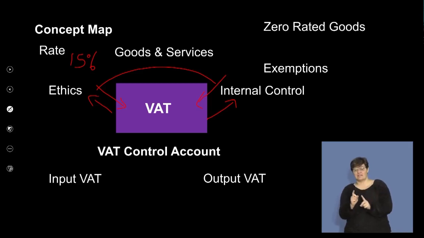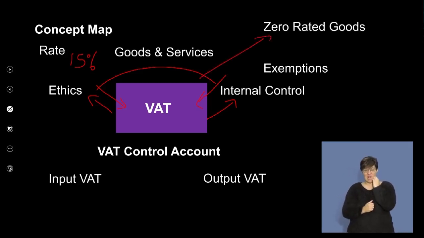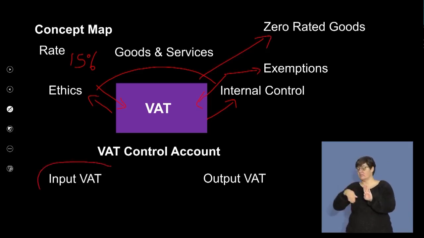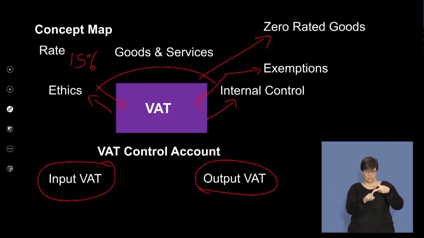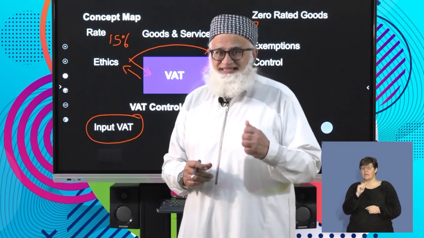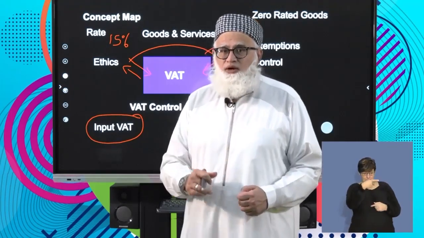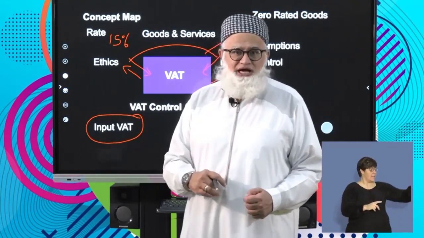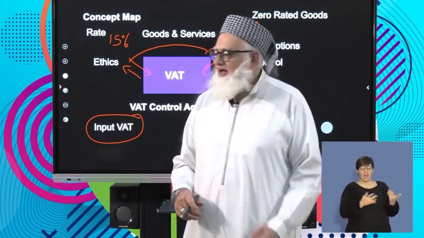Remember that you have VAT zero rated items, you've got exempted items, and then very important are your two VAT accounts, one indicating the amount of VAT you can claim back from SARS, which is your VAT input, and the other one is the VAT that you pay over to SARS, namely your VAT output.